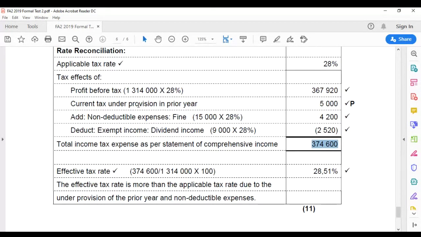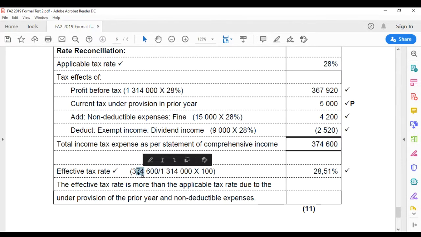This is what we've done there. We've explained to them it is because there were certain items included in the profit before tax that were either not deductible for income tax purposes, or they were not taxable for income tax purposes. So now we can show what is the effective tax rate. So effectively, we are now going to show, yes, on the face of our statement of comprehensive income, we've got an income tax expense of 374.